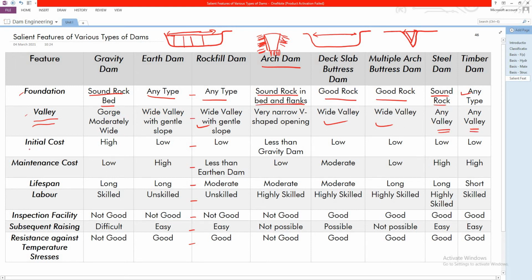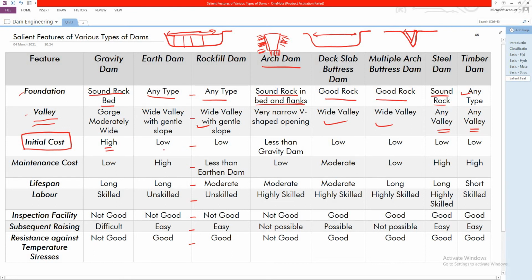Then regarding the initial budget, see, gravity dam mostly comprises cement concrete, and we call gravity dam mostly concrete gravity dam. That's why the cost of material will be high over here. That's why the initial cost, that is the initial budget requirement of gravity dam, is going to be high.